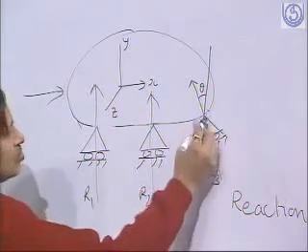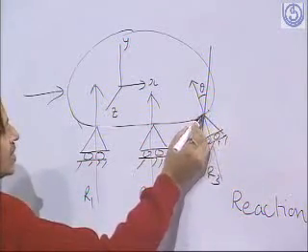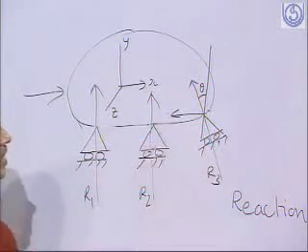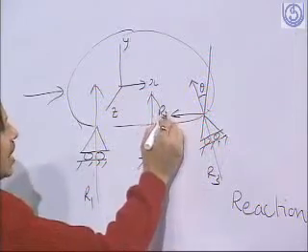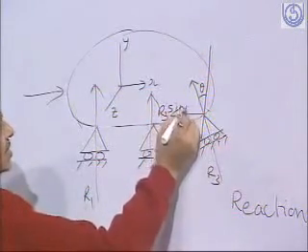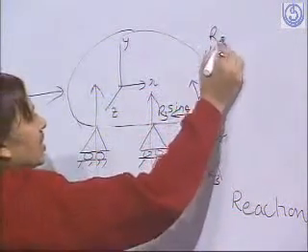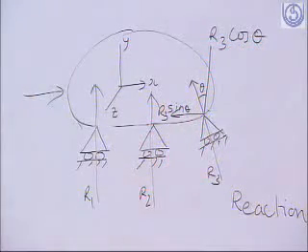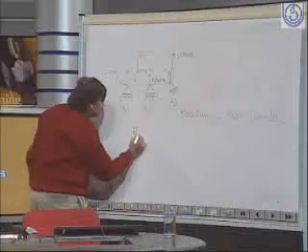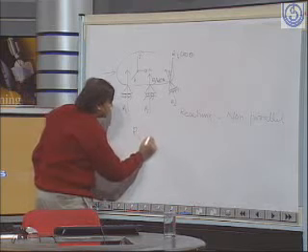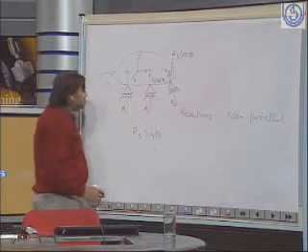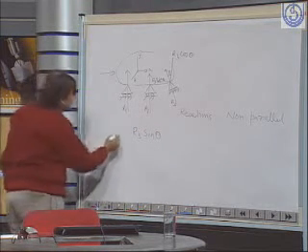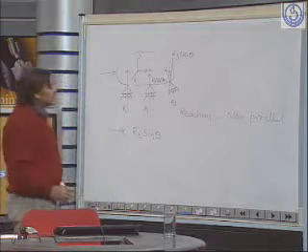R3 is going to provide its component R3 sin theta in this direction and R3 cos theta in this direction. So let us see this R3 sin theta. This is the only component which is going to provide a constraint in the horizontal direction.